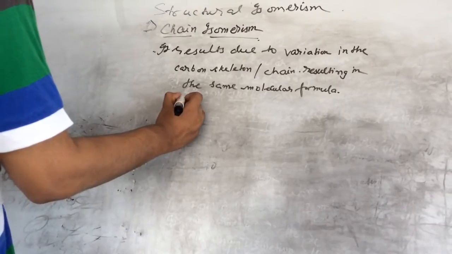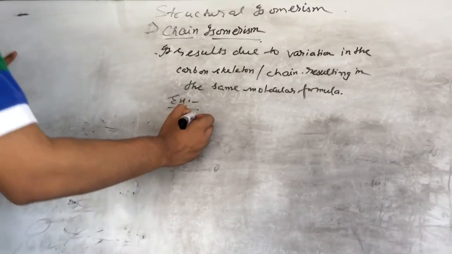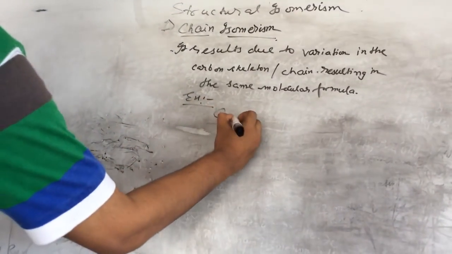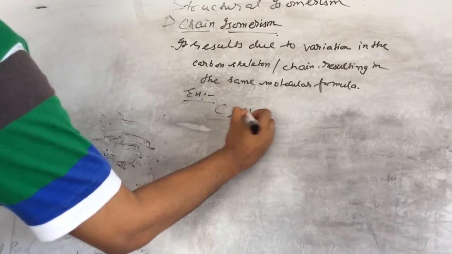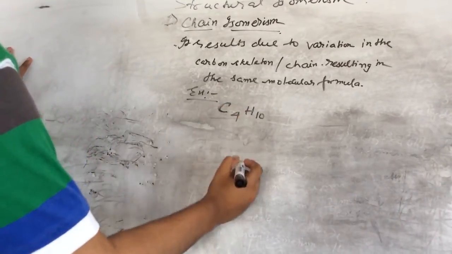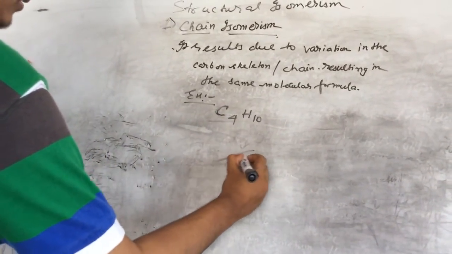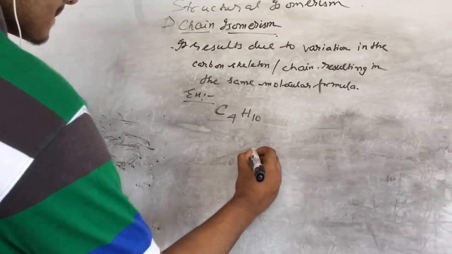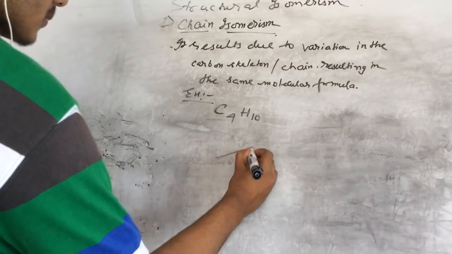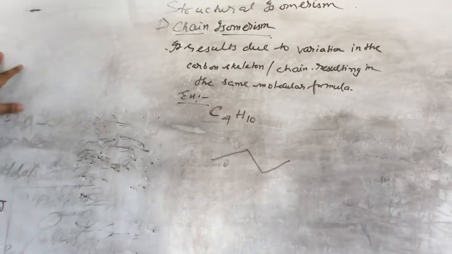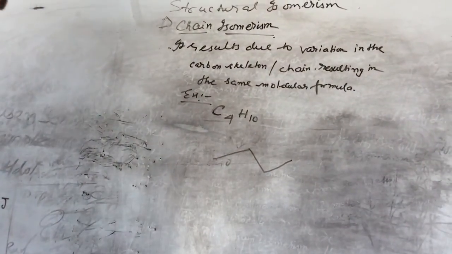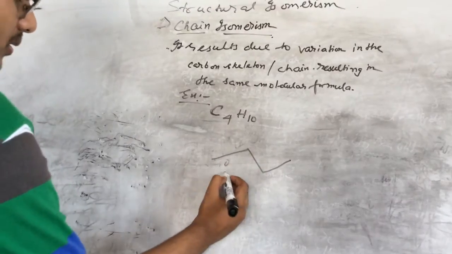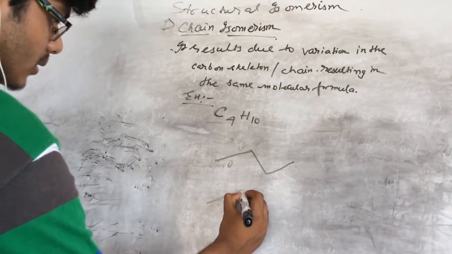So let's take an example. Let's take C4H10. So we draw the line angle projection. This is the line angle projection for C4H10. We can draw this, or we can draw this one.